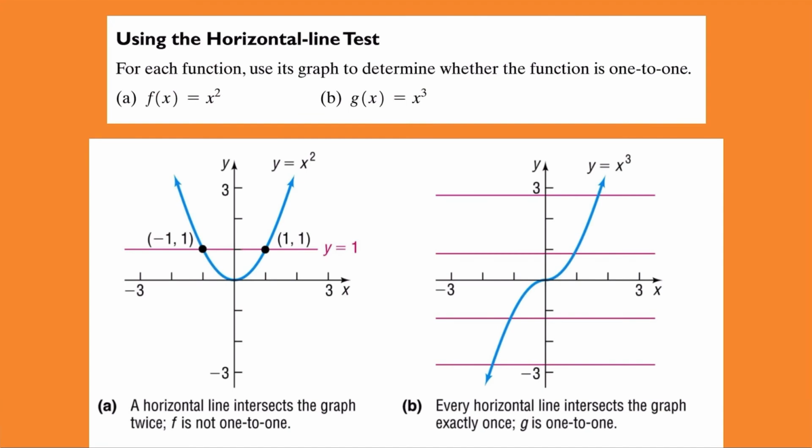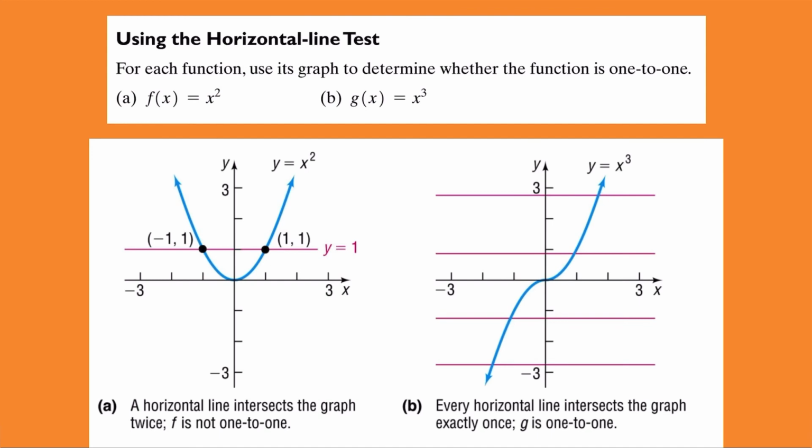Let's give you a clearer image by solving this question. In this question, they asked us, for each function, use its graph to determine whether the function is one-to-one. A, we have f of x equals x squared, and B is g of x equals x cubed.